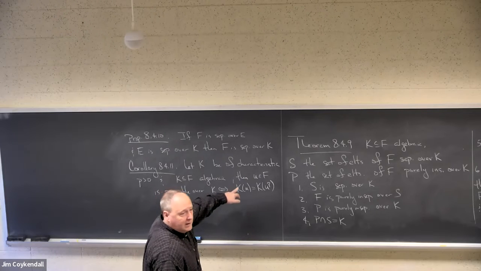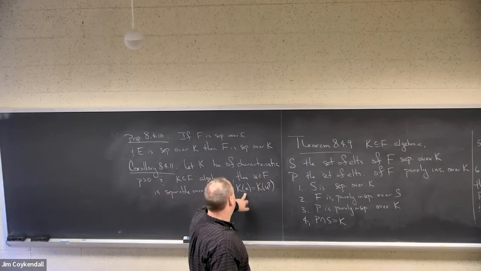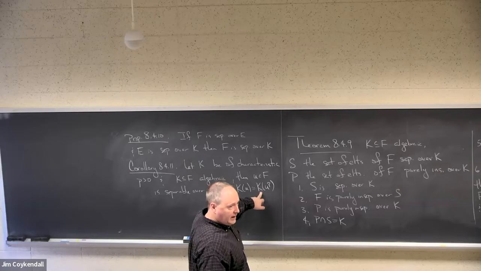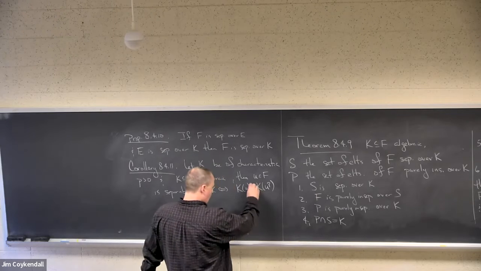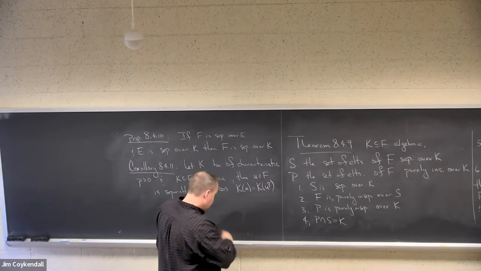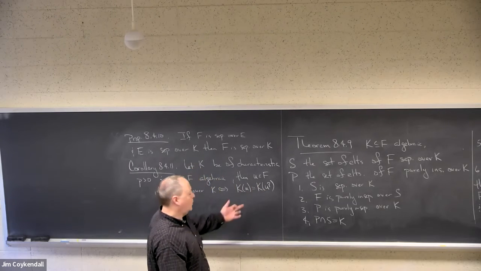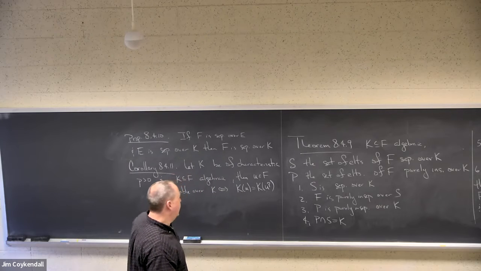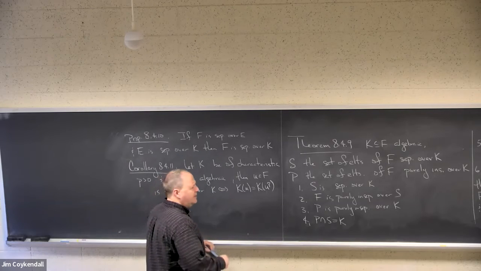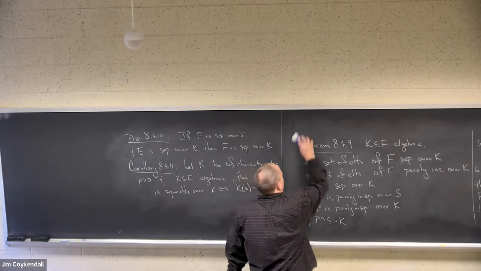So this is one way to tell whether an element is separable or not: if the extensions K(u) and K(u^p) coincide. Let me point out, of course, you always get this is contained in that. But if you get equality, that means it is a separable element. I'm not going to prove this either because I think I've got that as an upcoming homework.